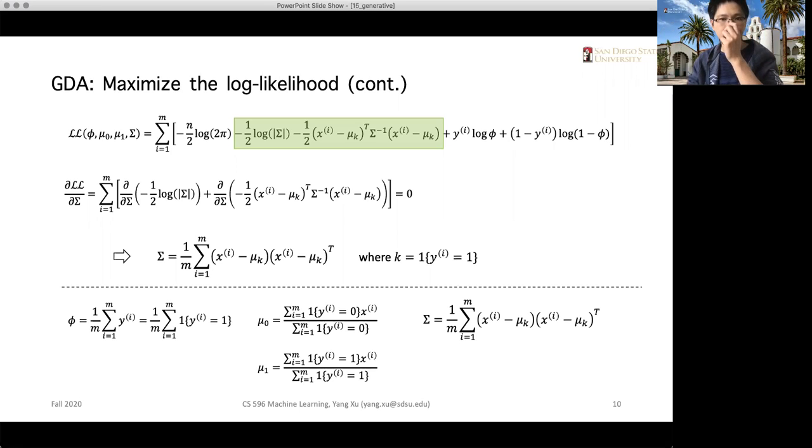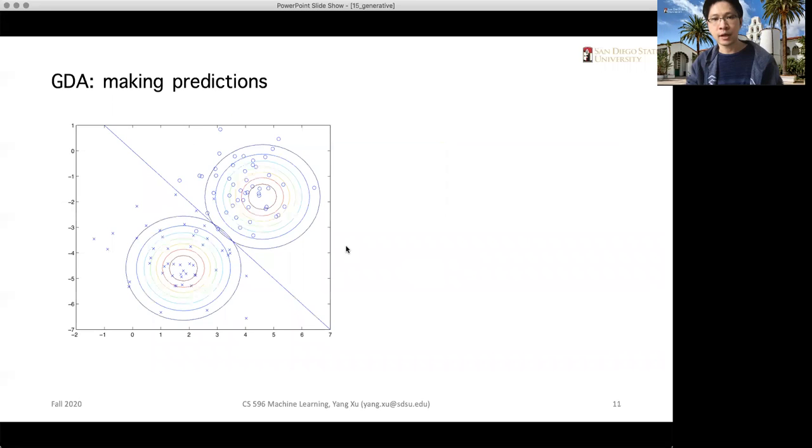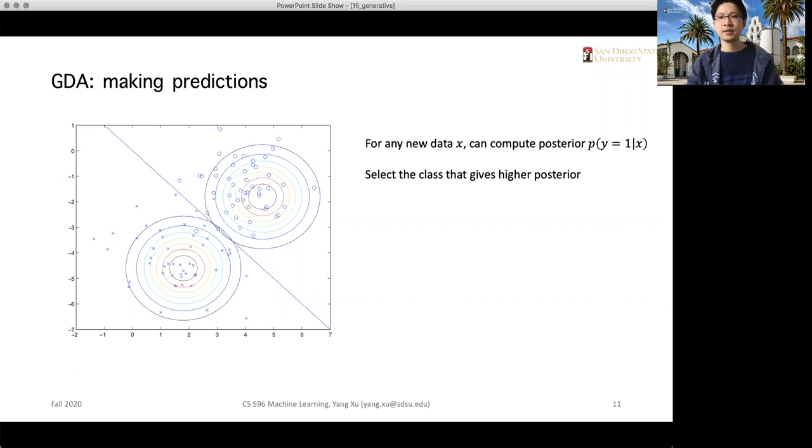Okay, so if we plot these two Gaussian distributions, it'll be like this. If we plot the contours, it'll be a quite neat visualization. If we visualize this in a 3D space, then we will see two peaks, right?